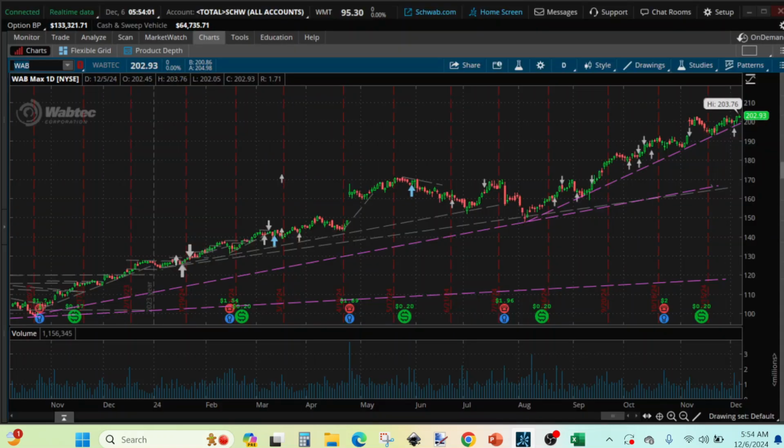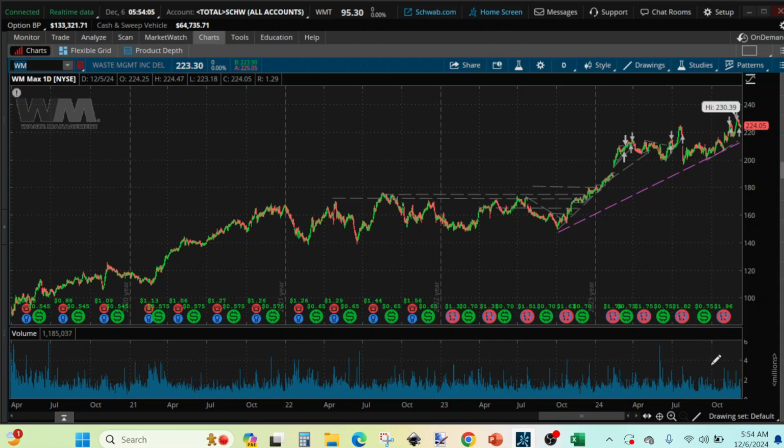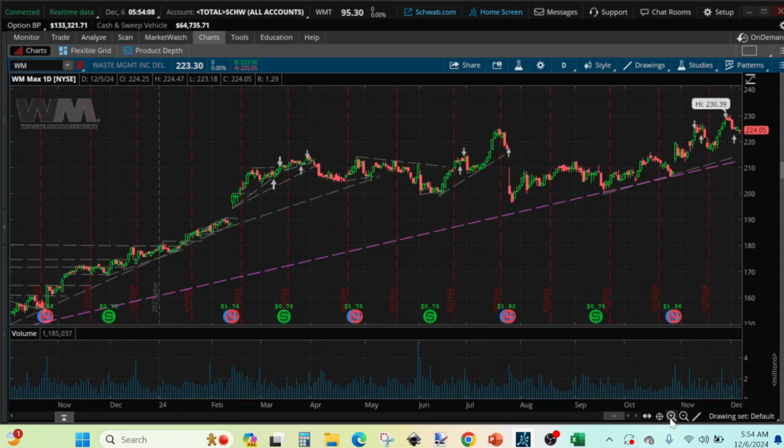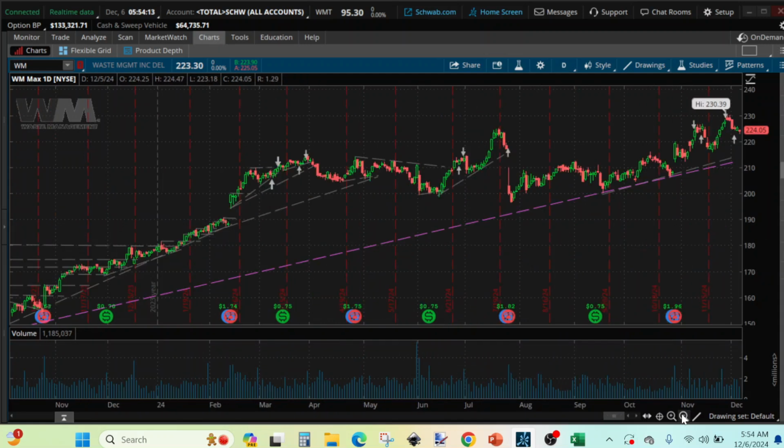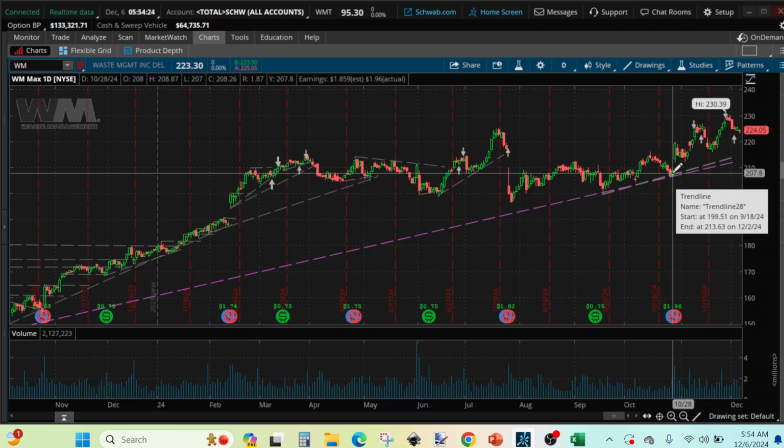So WM, we have our line that we like to wait on. It reached that line quite a bit, so I think that is the line. We can just wait on there, but it veered away from that line for the first quarter of the year. It could do that as well. This is October here.